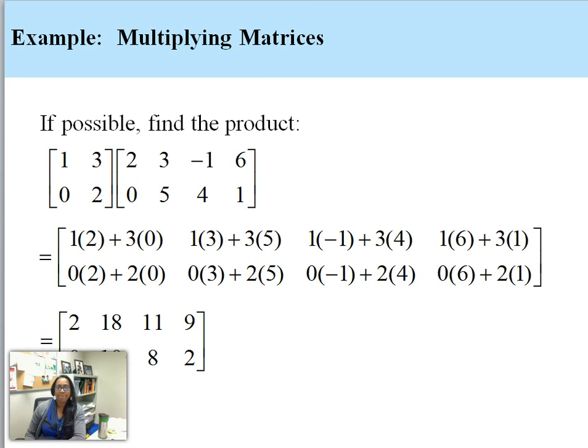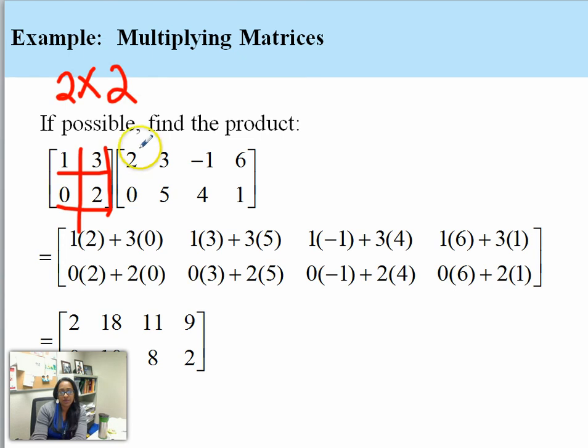All right? Multiply the matrices. Sometimes there will be cases where you cannot multiply matrices. Remember, the condition to multiply matrices is that the columns of the first matrix should be equal to the rows of the second matrix. Now let's see if I can multiply these matrices here. How many rows do I have? 1, 2. How many columns? 1, 2. So this is a 2 by 2 matrix.